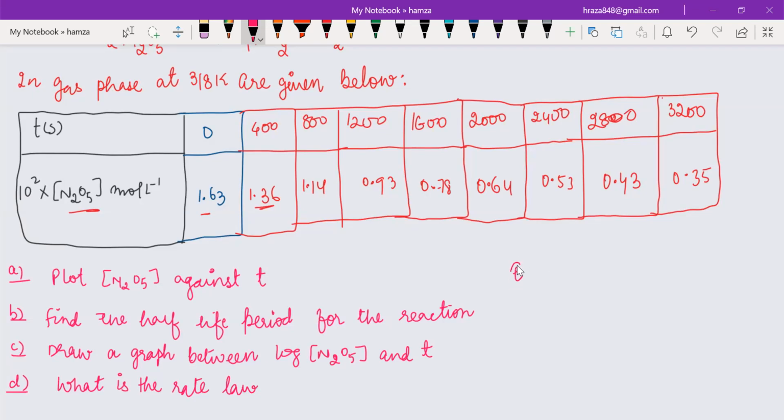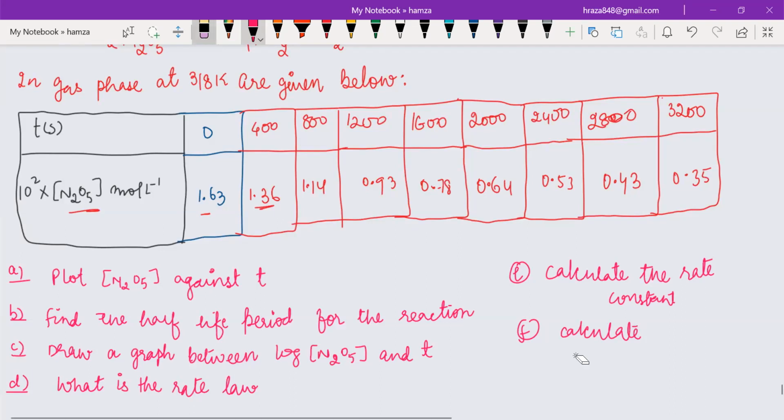E is calculate the rate constant. F is calculate... just cut the F.